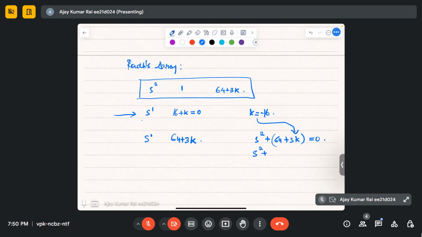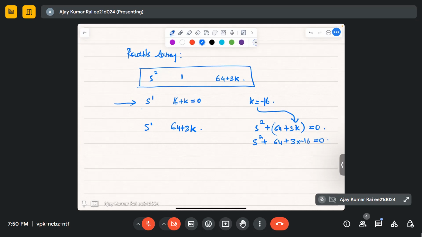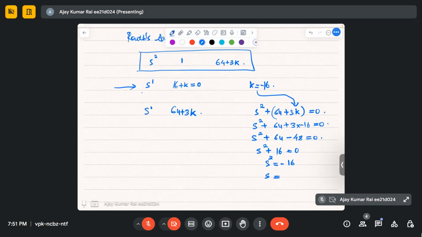So s square plus 64 plus 3 into minus 16 equal to 0. So what is this? s square plus 64 minus 48, 16 into 3 is 48, so this is s square plus 16 equal to 0, so s is plus or minus j4.